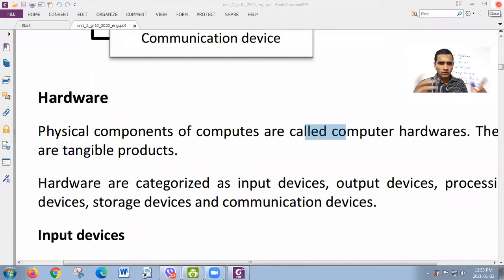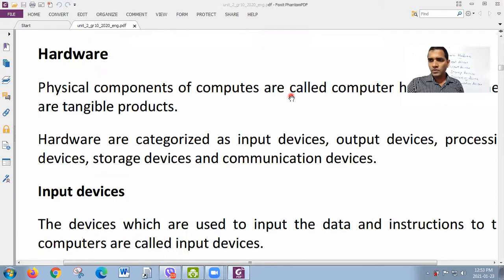So when you define the term input device, you must define it carefully, because most students often say that input devices are used to input data. Yes, they are for inputting data. At the same time, they can input instructions as well. So what are input devices? The devices which input both data and instructions to the computer are input devices.